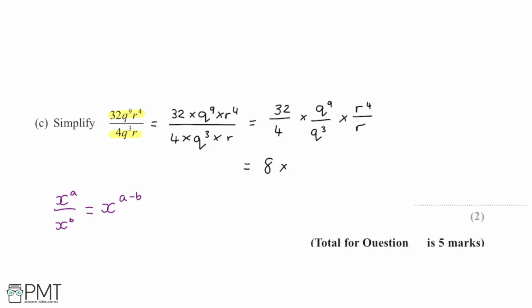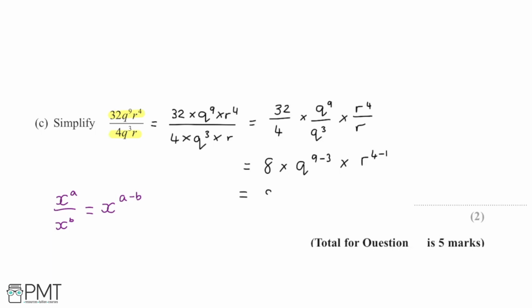So to find the new power, we subtract the denominator power from the numerator power. So here, working with the q's again, I can take q to the power of 9 minus 3. And then I need to multiply that by r to the power of, by the same principle, 4 minus 1.